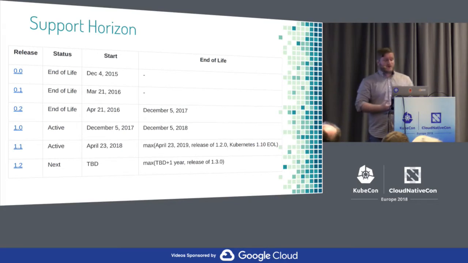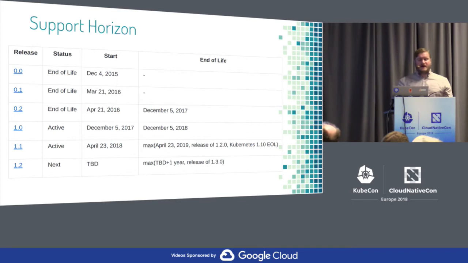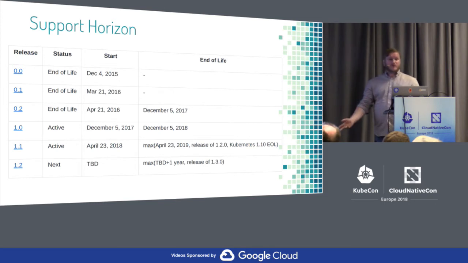So this is one component, which is called our support horizon. It defines how long we have branches. Each branch has a state: end of life, which are old branches, and we no longer backport fixes to those. We have active branches, which includes 1.0 and 1.1.